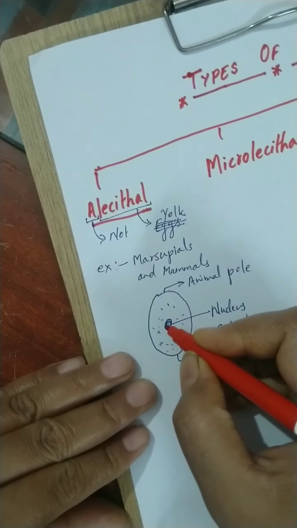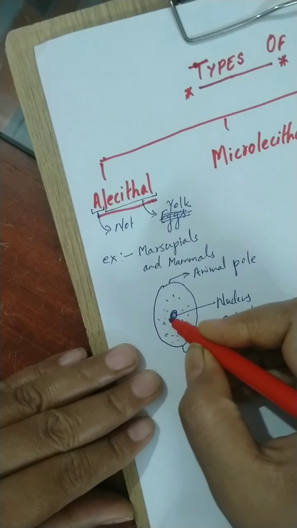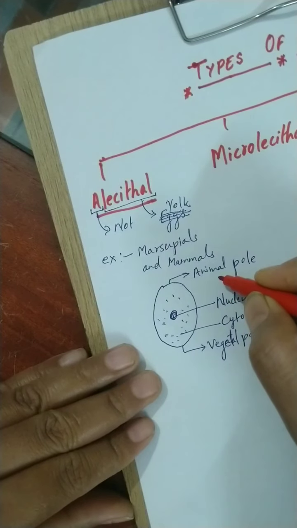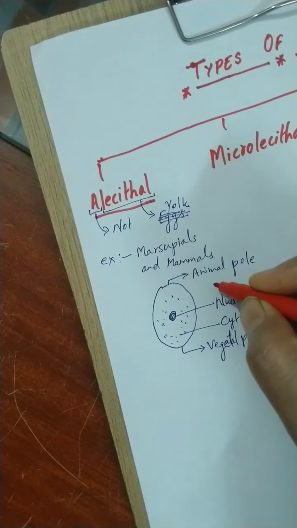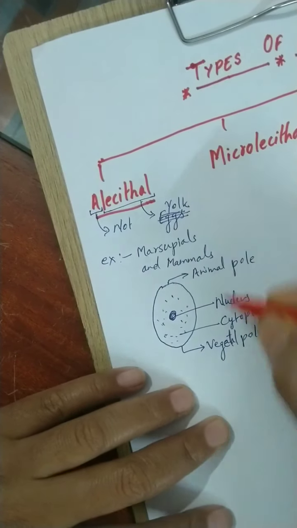The growing embryo is connected to the mother through the placenta. Placenta gives further nutrition to the growing embryo, while where yolk is present, the main function of the yolk is to give nutrition to the growing embryo.